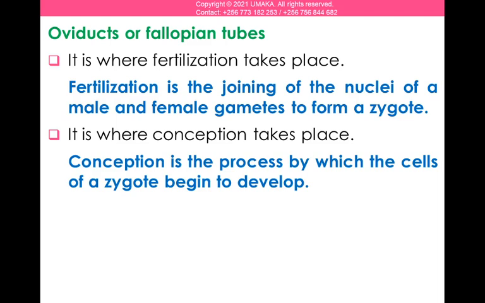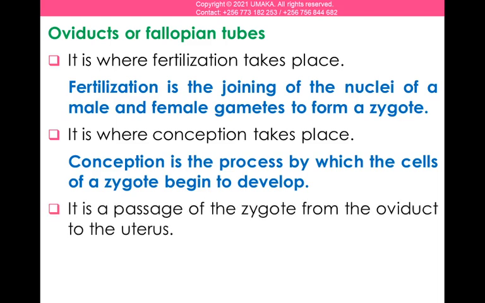When fertilization takes place, a zygote is formed. Immediately, the cells of the zygote begin to develop. Okay? Then, oviduct, it is also a passage of the zygote as it is going to the uterus.